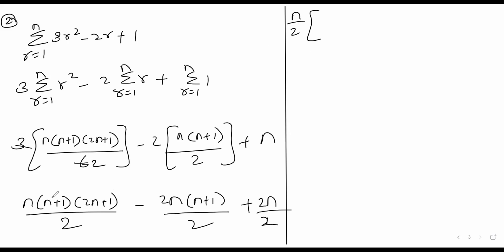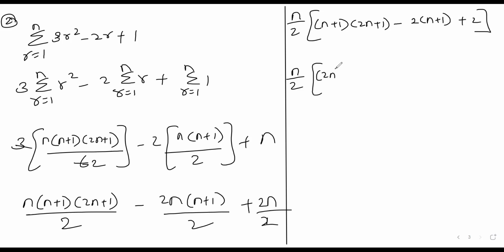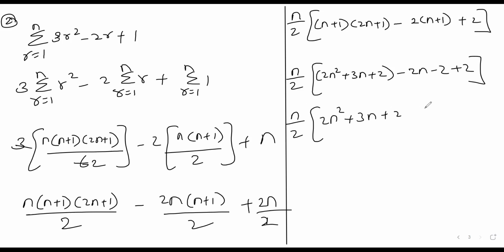n by 2 if you take common, you will get n plus 1, 2n plus 1 minus 2n plus 1 plus 2. So it is n by 2, 2n square plus 3n plus 2 minus 2n minus 2 plus 2. n by 2, 2n square plus 3n plus 2.